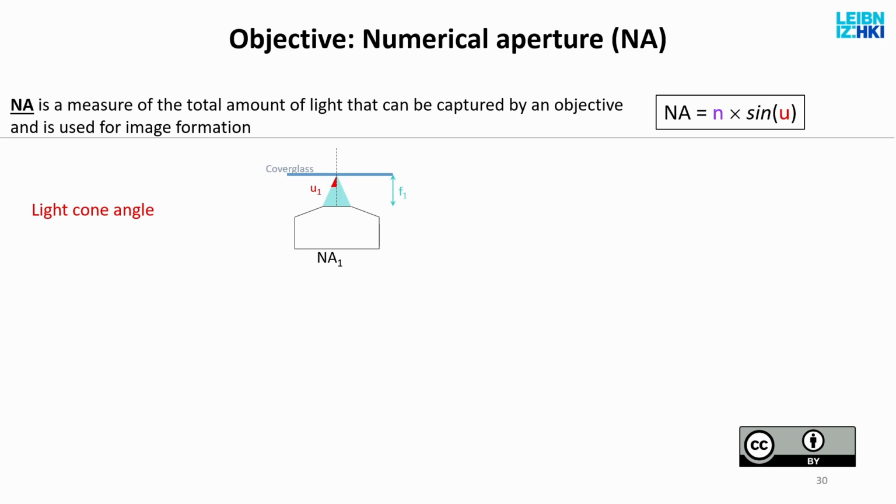So if you imagine that this is an objective lens, like the one we saw in the previous slide, cut in half lengthwise, and this is the front of the lens. If you remember, there was a small lens at the very right side, called the front lens, which is the one that's in contact with the sample itself. And down here, we have a whole bunch of other lenses. So this is the one that we make contact with.